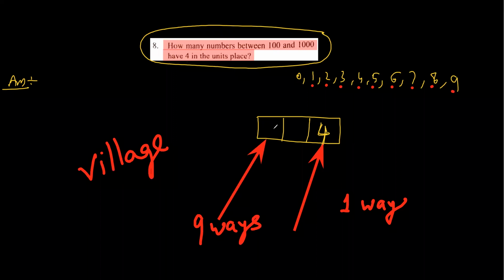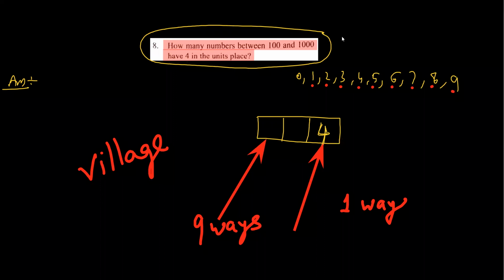Can we have 4 here? Why not? You can have 4 here. They are just saying that the number should have 4 at the unit place. Tens and hundreds may or may not be 4.